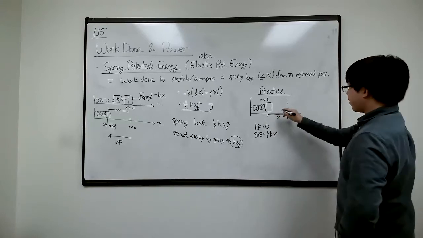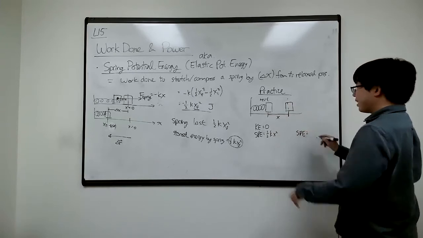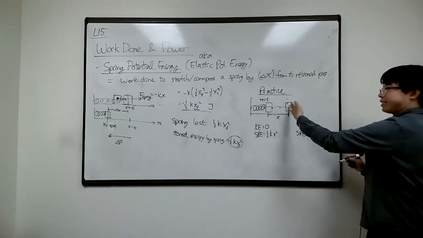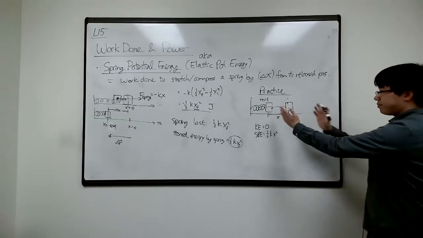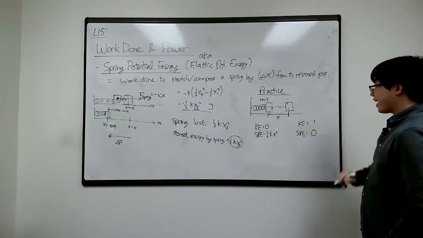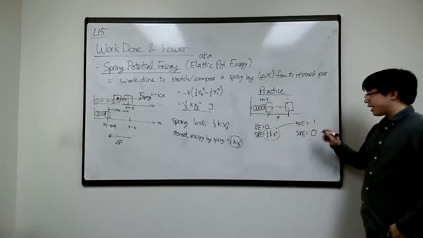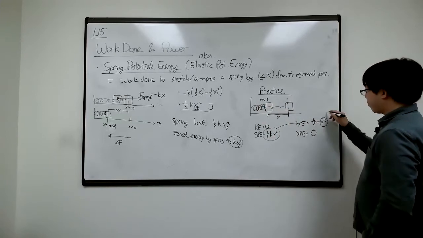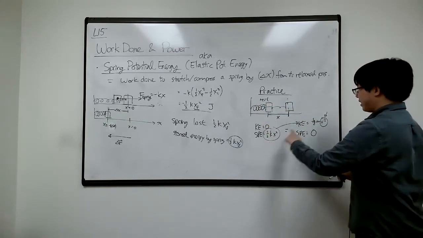And when it goes all the way back to here, what's the spring potential energy? It's no longer compressed, it's at a relaxed position, so there's no more stored energy in it. So what is the kinetic energy? This amount must go all over here, right? It's half mv squared, and you can now find out what the speed is. You can do a simple this plus this equals this plus this.